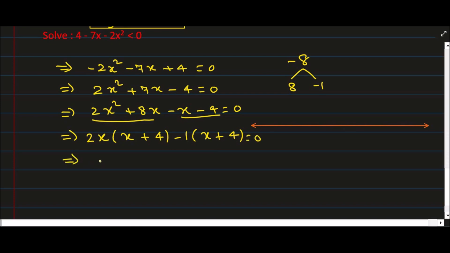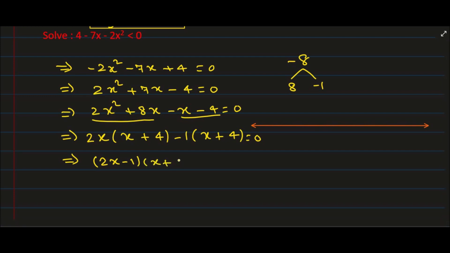This implies that we get the factors 2x minus 1 into x plus 4 equal to 0.